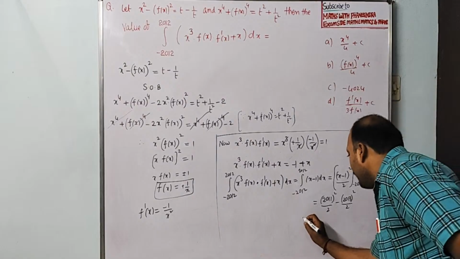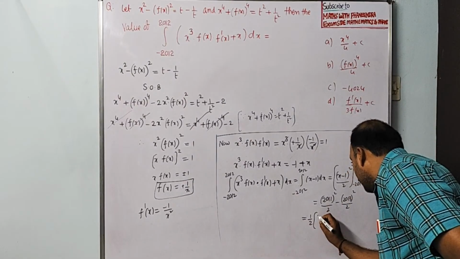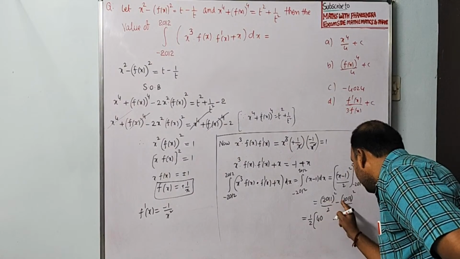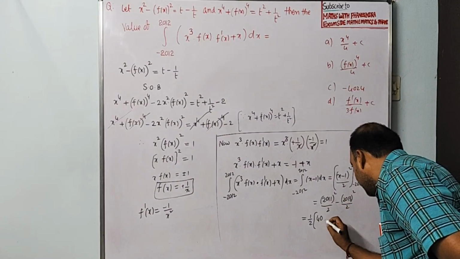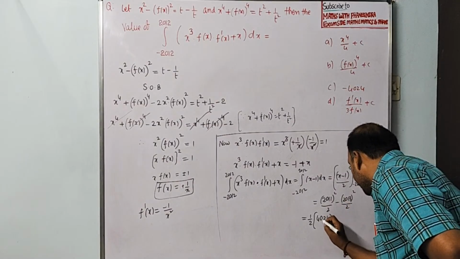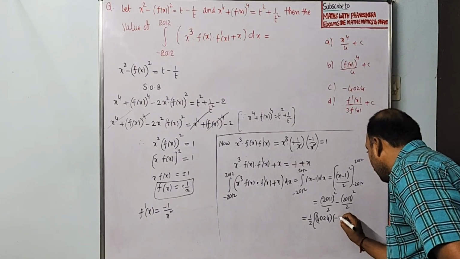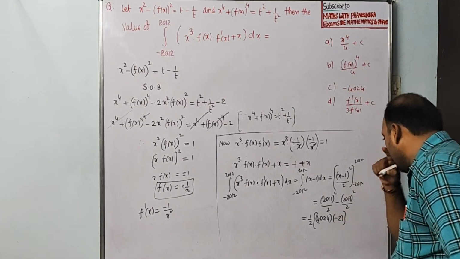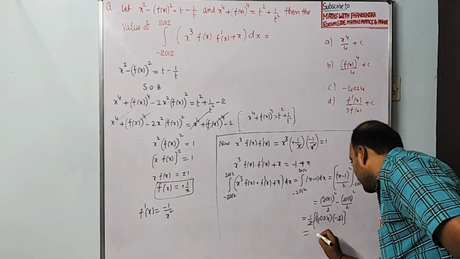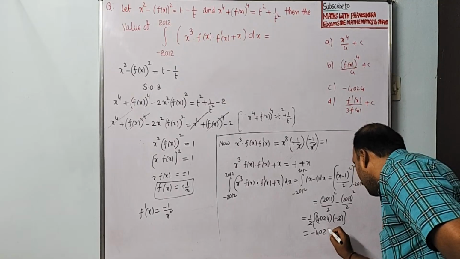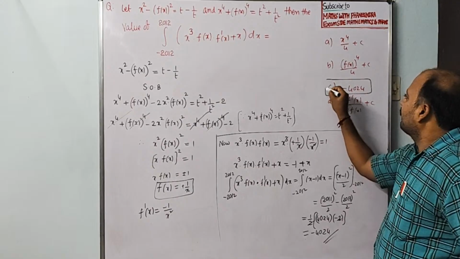So 1 by 2 bring out a plus b into a minus b. So a plus b, I am writing 4024, into minus 2, a minus b. So 2 gets cancelled, is equal to minus 4024, is our answer, dear students.